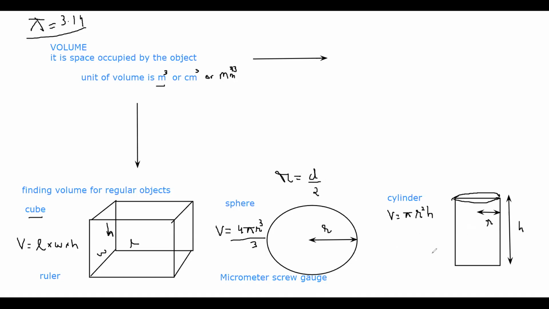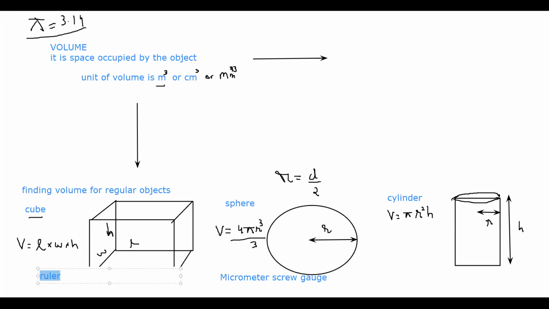Which apparatus or instrument do I need for a cylinder? If I want to measure the radius or diameter and I want to measure the height, a string would only give us the circumference.